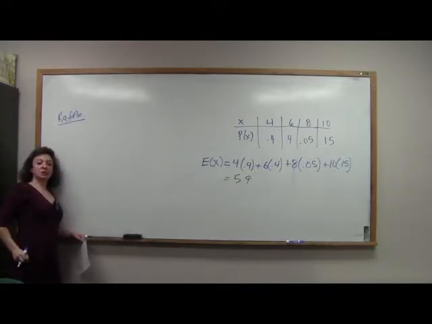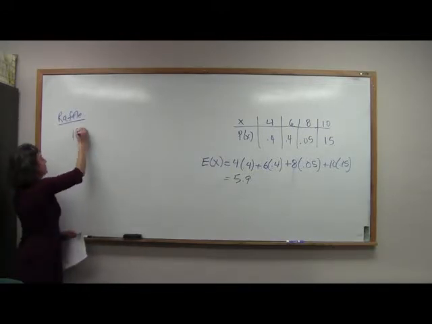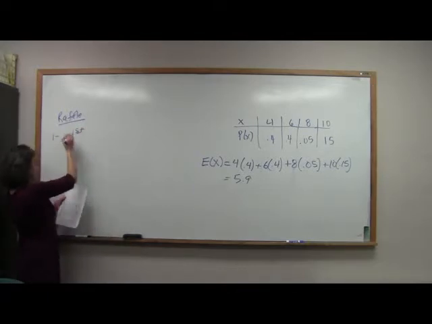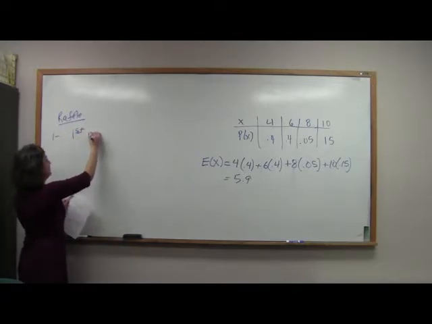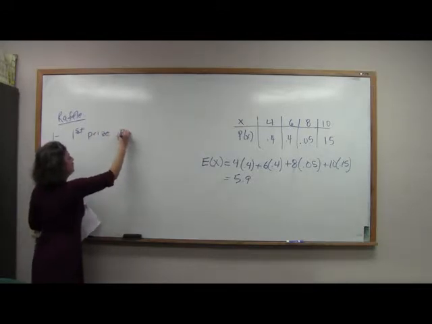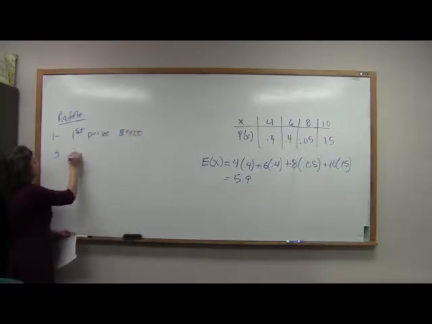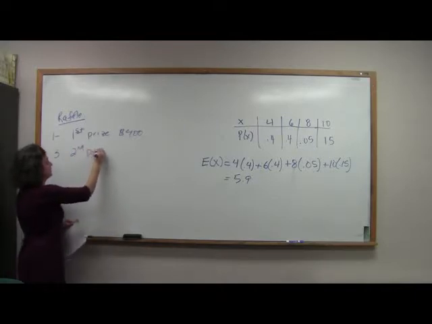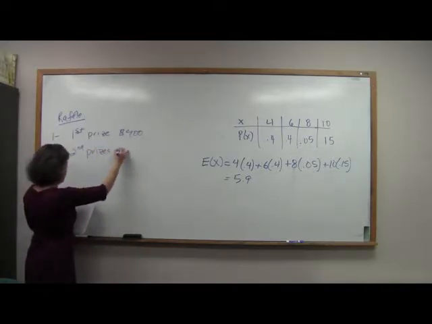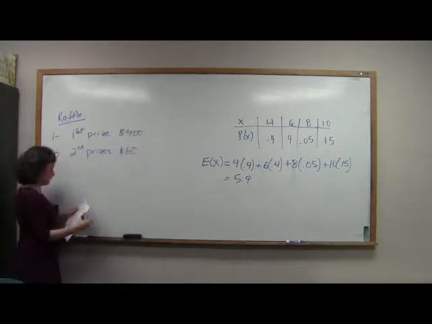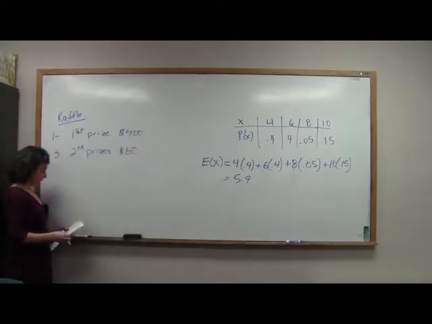Suppose we were looking at a raffle, and suppose there was one first place prize, and suppose that person would win $400. Suppose there's 3 second place prizes, and those people would win $80 apiece. Okay?